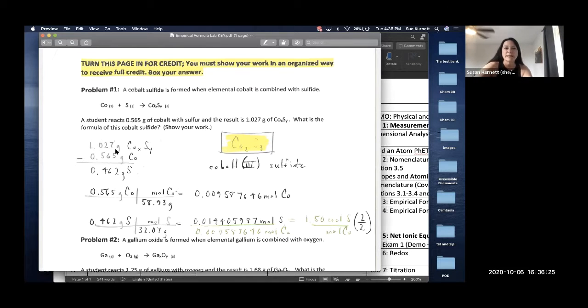So the idea is separate your masses into each of the elements. And so I know that I have 0.565 grams of cobalt, because that's what I started with. And then the amount of sulfur that combined was 0.462 grams. And I know that because I subtracted.